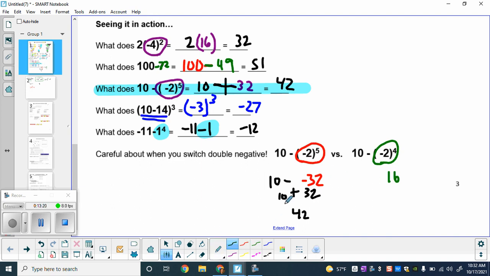It's positive. And then I have 10 minus out in front of it. Now I'm just going to do 10 minus 16 and get a negative 6. I don't have to do any switching of a double negative. So just be careful. It depends on if you have an odd or an even exponent here to mean if you're going to have a positive or a negative answer. And when you take away a negative, you do got to switch that to positive.